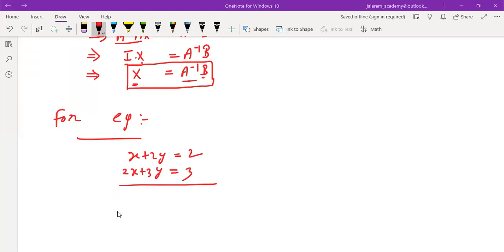Clearly, first of all, we will change it to a matrix equation. First row with the coefficients 1, 2, second row 2, 3, times the column matrix x, y, equals the resultant column matrix, which is 2, 3.